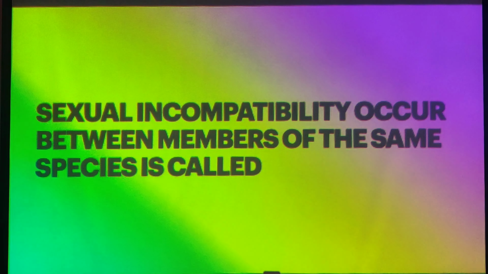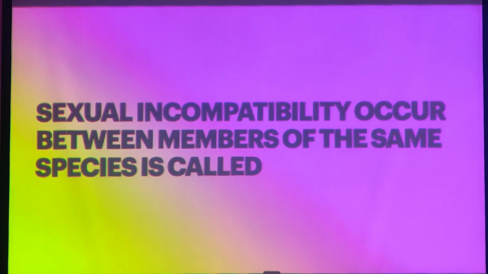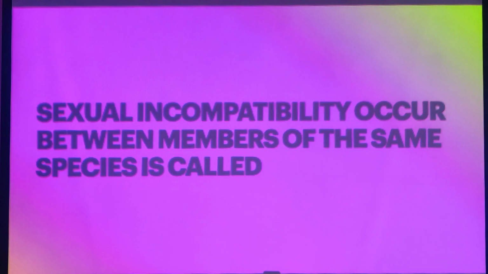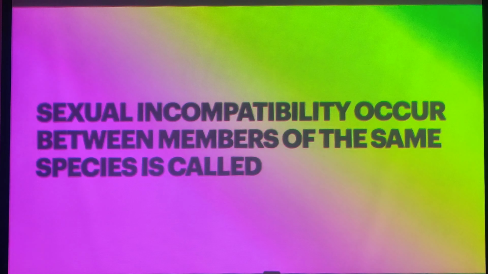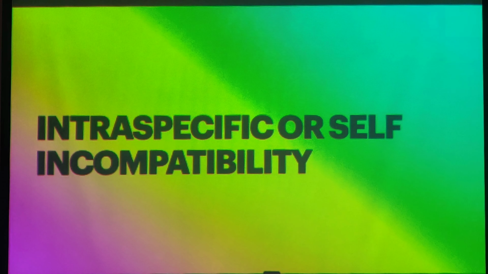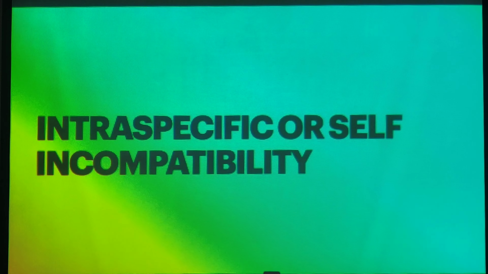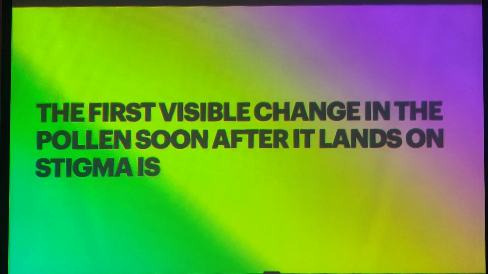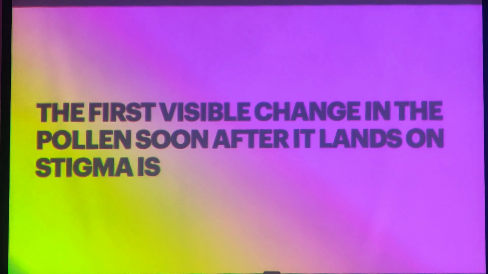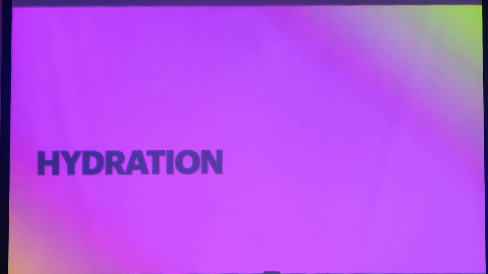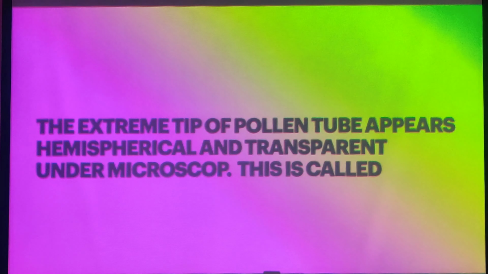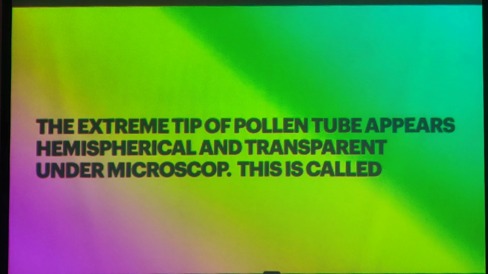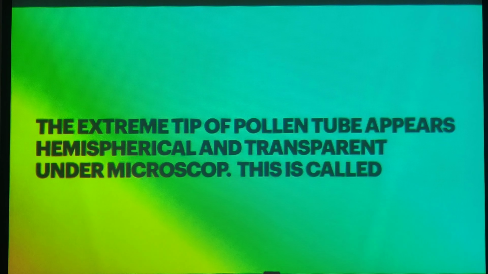Incompatibility between members of the same species is called intraspecific or self-incompatibility. The first visible change in the pollen soon after it lands on the stigma is hydration. The extreme tip of pollen tube appears hemispherical and transparent under microscope. This is called cap block.